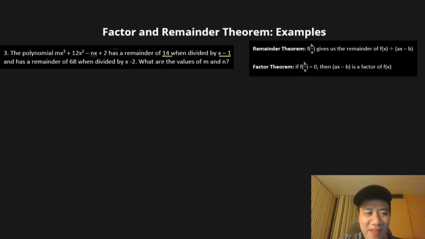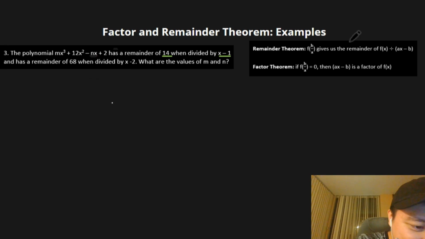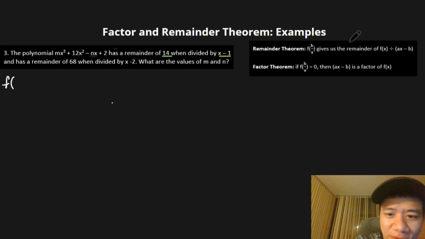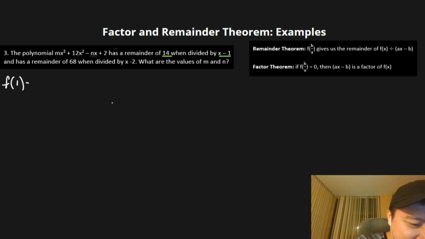So based upon that, we can use the remainder theorem and deduce that f at 1 equals 14, because the number corresponding to our factor x minus 1 is 1. So if we plug 1 into our function, we get 14. We know this: f at 1 equals 14.